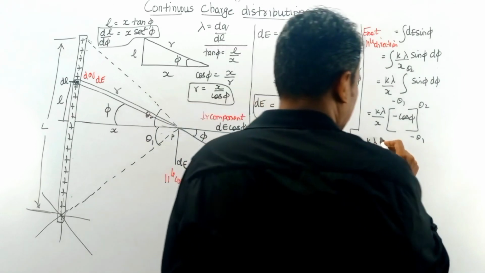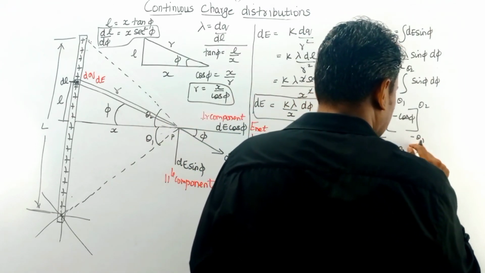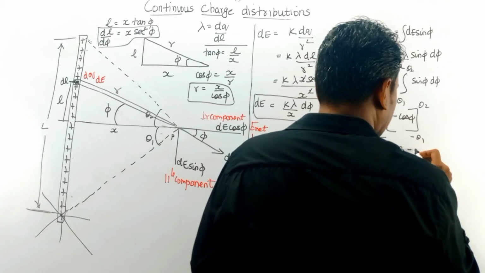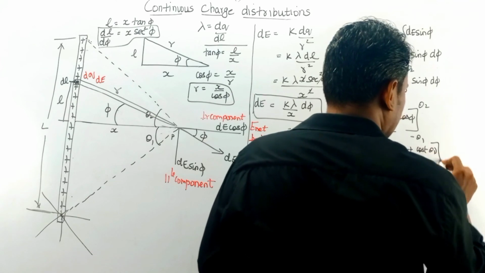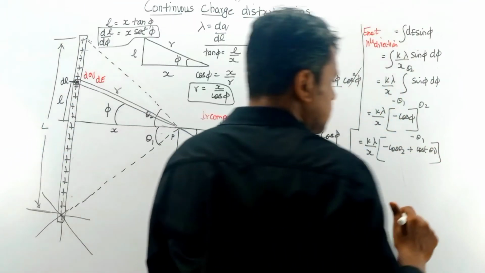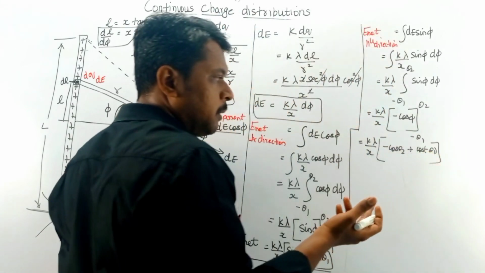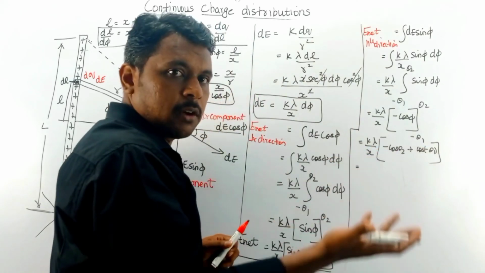When you integrate this, we get minus cos phi. When you substitute, first we get minus cos theta 2, and then minus of minus gives a plus of cos minus theta 1. Cos of minus theta is nothing but cos theta.